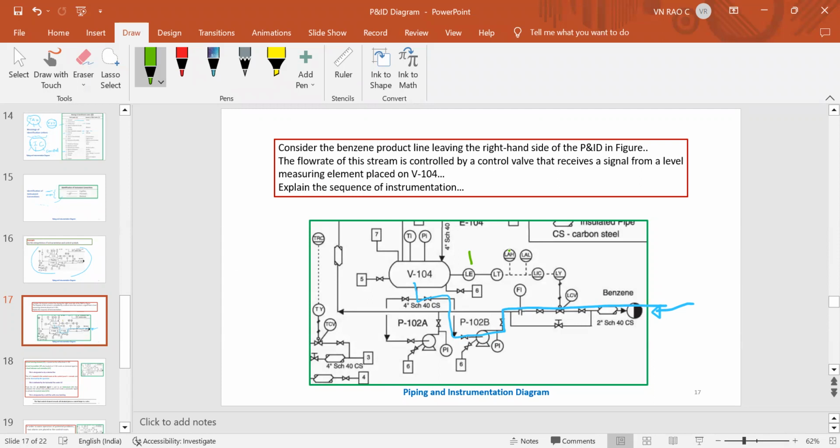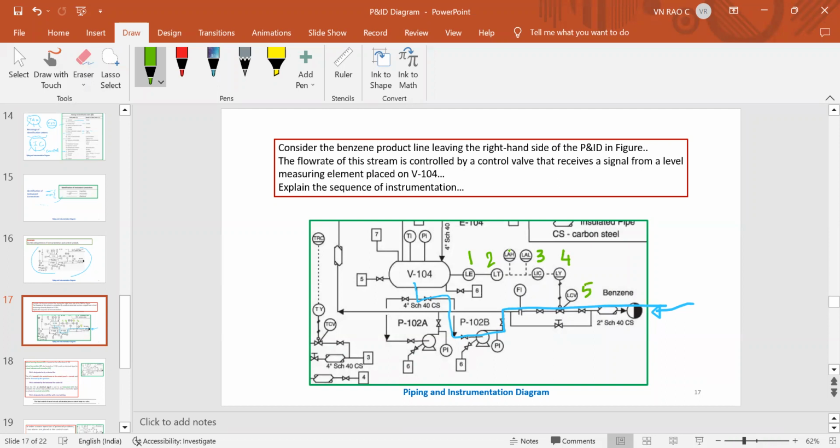First one is LE, second one is LT, third one, direct or horizontal line, is LIC, fourth one LY, fifth one LCV.